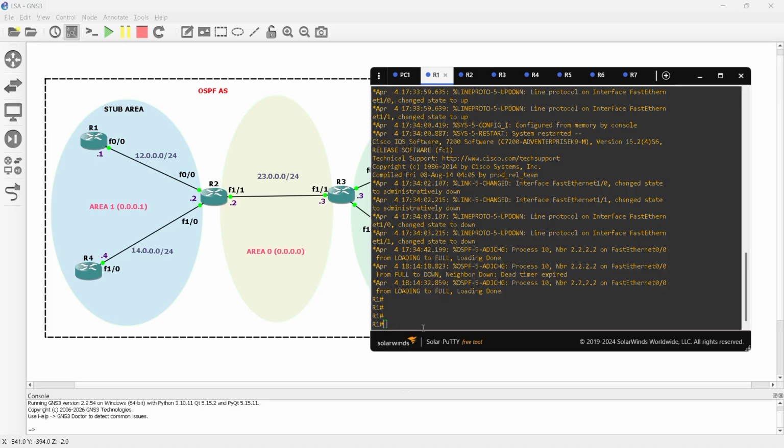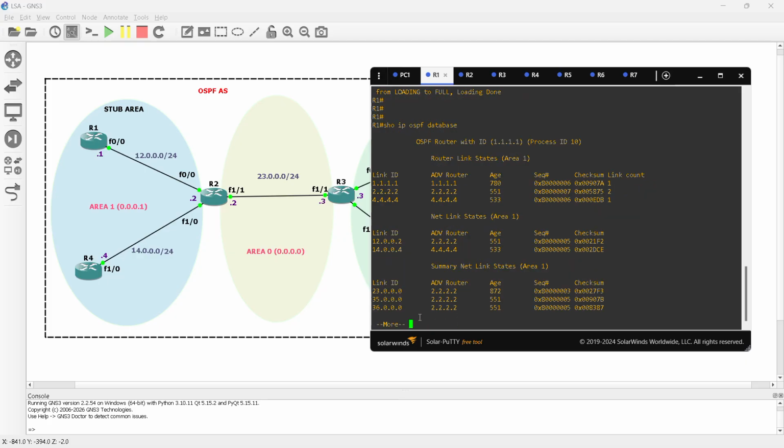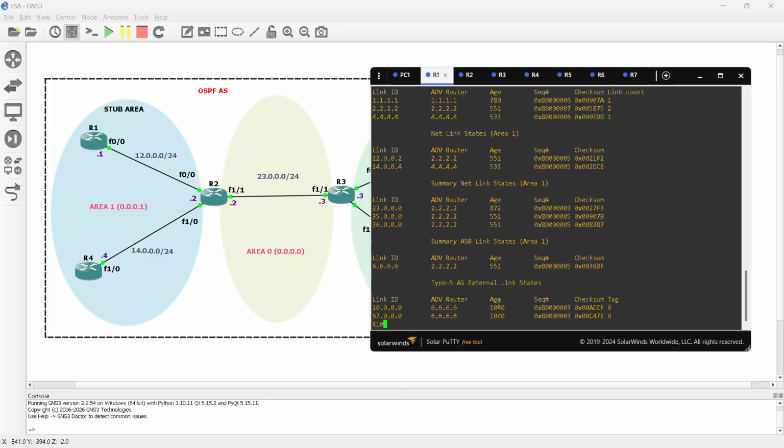So let's first check how R1 is acting before making it stub area. So for that we'll say show ip ospf database. As you can see, we have type 4 LSA as well as type 5 LSA.